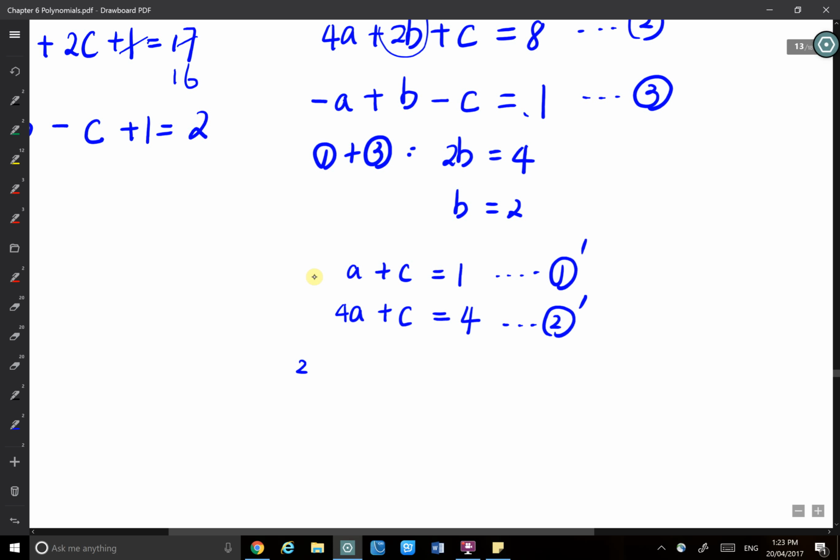Let's use new equation 2 subtract new equation 1. That will give you 3a equals 3. c and c can be eliminated. And a will be 1. If a is 1, c will be 0.